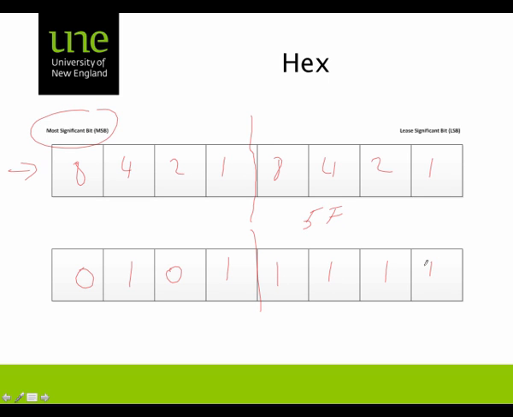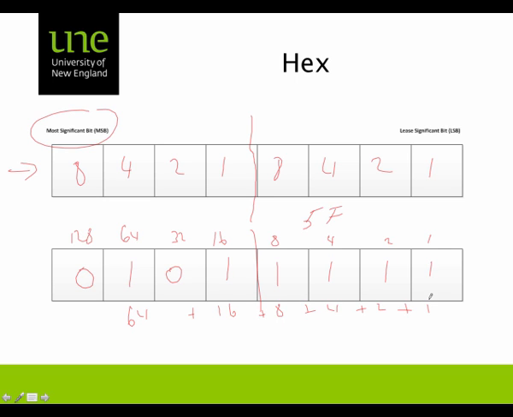So what is 5F in binary? Well, again, similar story to octal. We go 1, 2, 4, 8, 16, 32, 64, 128. We have 64, anywhere there's a 1, plus 16 plus 8 plus 4 plus 2 plus 1.